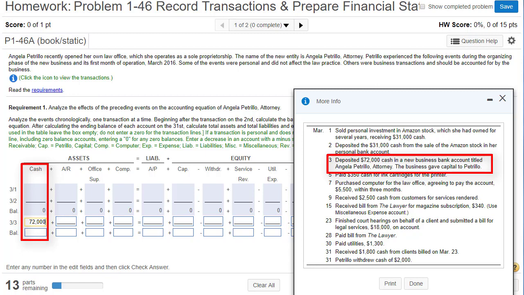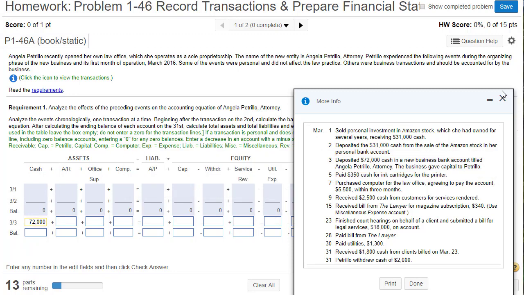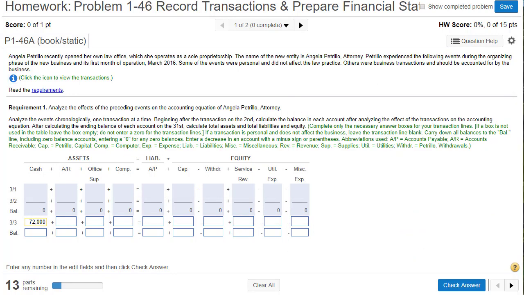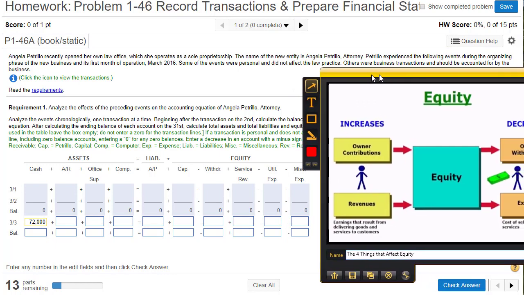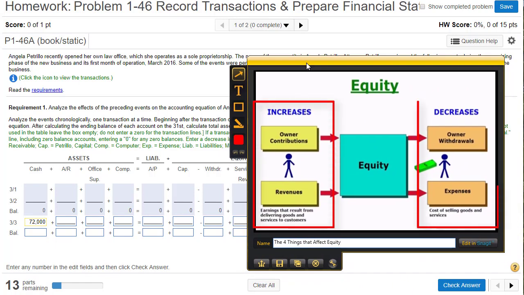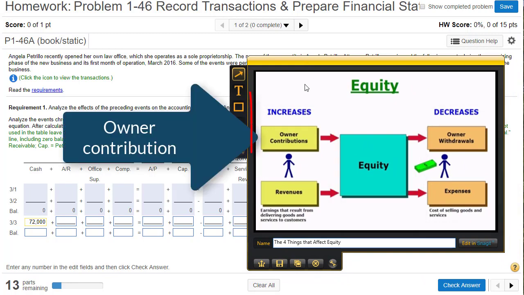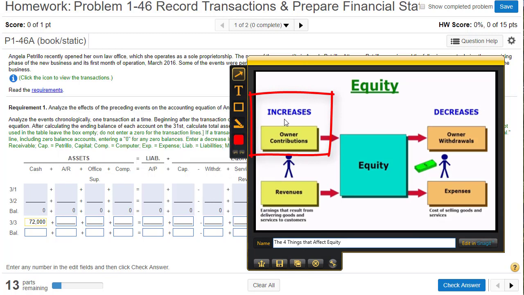Before we talk about the other account, do we recognize what type of transaction this is? It's an owner contribution or owner investment. And using our cheat sheet that shows the 4 things that affect equity, how do owner contributions affect equity? They increase equity.